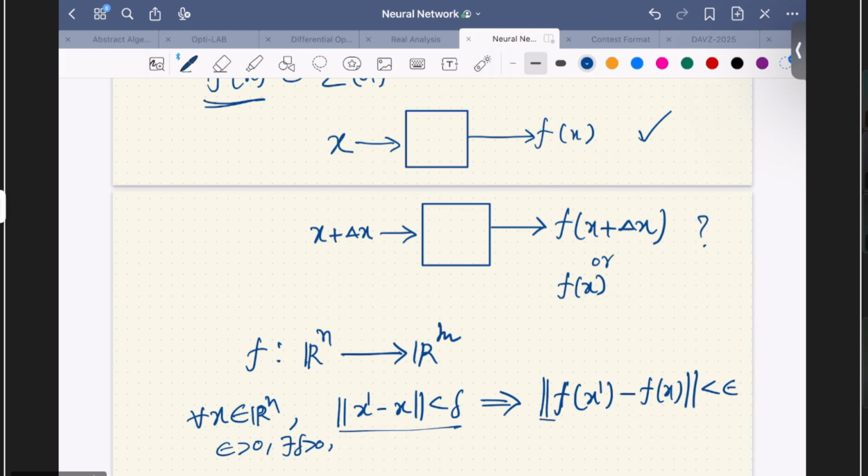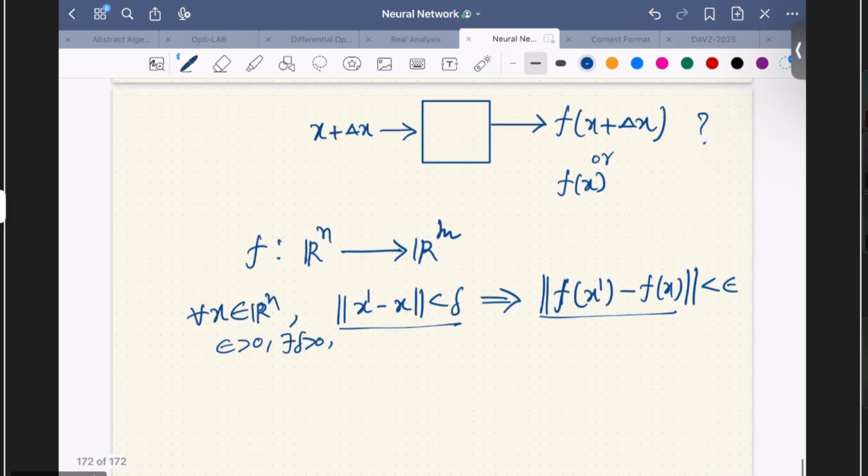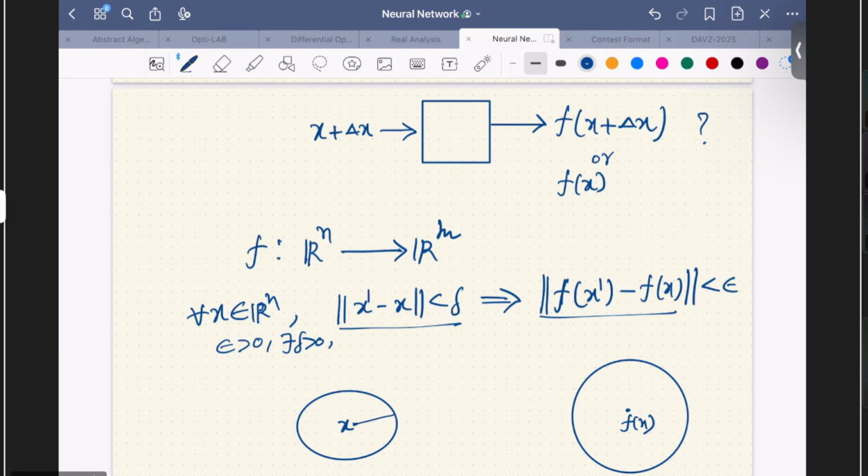So continuity is like, if you have an x, and you have f of x in our codomain, the ball around x is the delta neighborhood, and around f of x is the epsilon neighborhood.